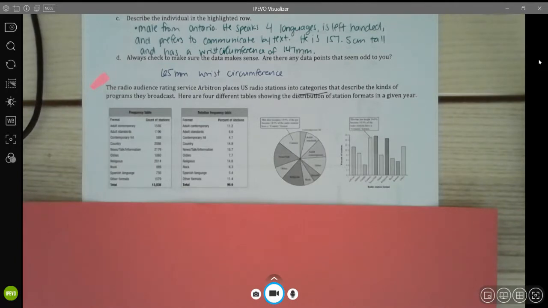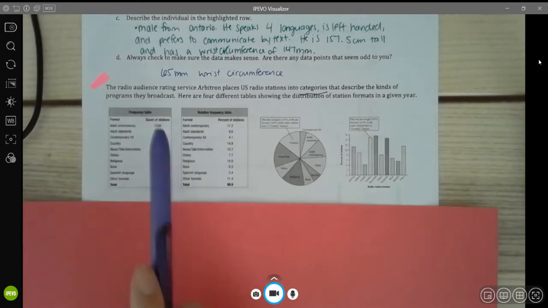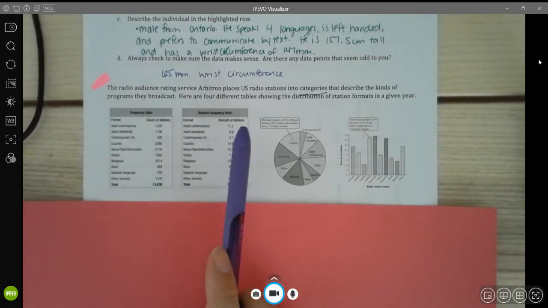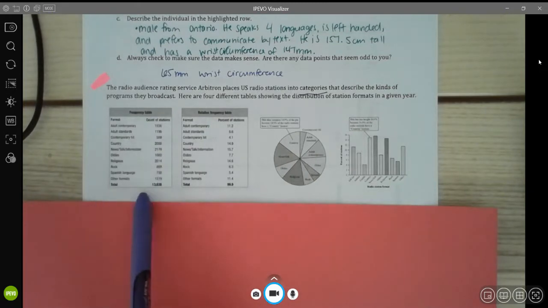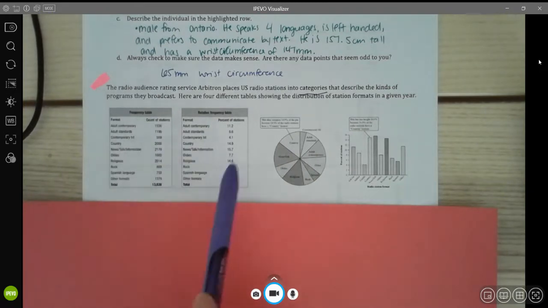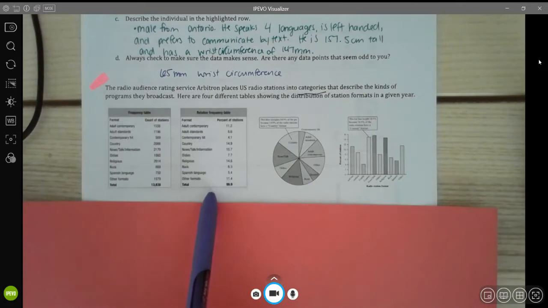Okay. So let's look at what's happening in these 2 tables here, the frequency table and the relative frequency table. You'll notice that all of the categories are the same, but they've got different numbers next to them. This one says count of stations. This one says percent of stations. So using our deductive reasoning, I'm going to guess that a frequency table talks about counts and a relative frequency table talks about percents.